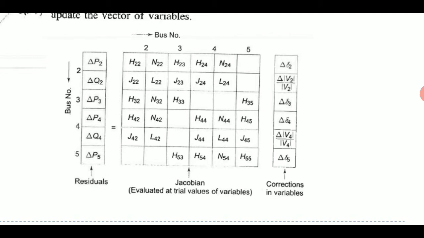So on the right hand side you have delta of delta 2, delta V2 by V2, that is the pair for bus 2. Delta of delta 3 is for the PV bus.